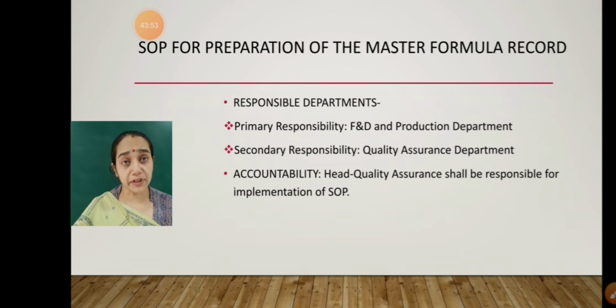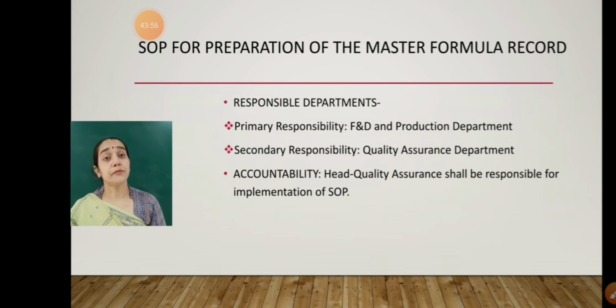Now the SOPs: first of all, in preparation of the master formula record, we prepare the SOPs. SOPs are the standard operating procedures. It is not a simple procedure where, once the batch has been prepared, any analytical chemist or manufacturing production individual will write a master formula record.